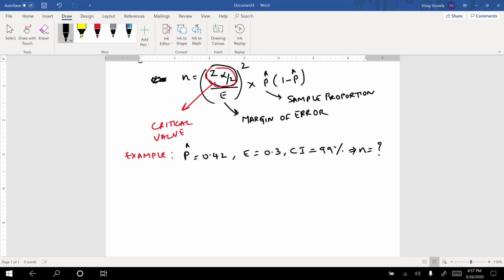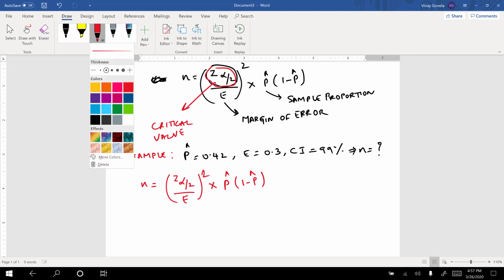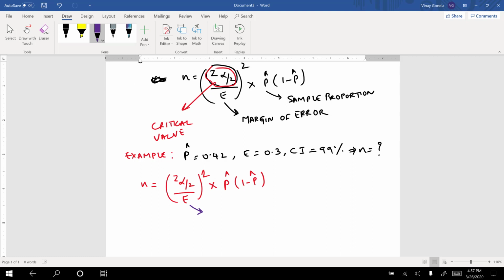So again we use the formula. Our n formula is n is equal to Z alpha over 2 by error whole square multiplied by p hat 1 minus p hat. So error is 0.3, p hat is 0.42, and I wanted to calculate this.